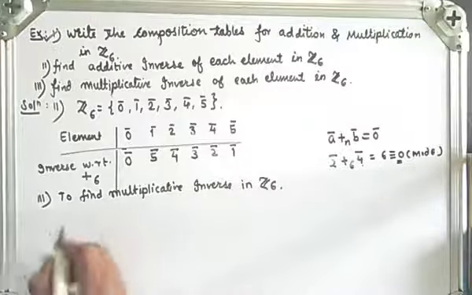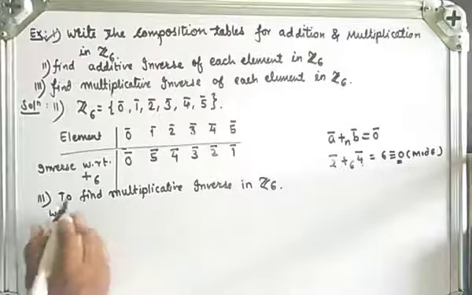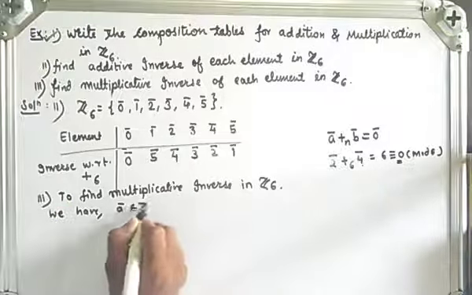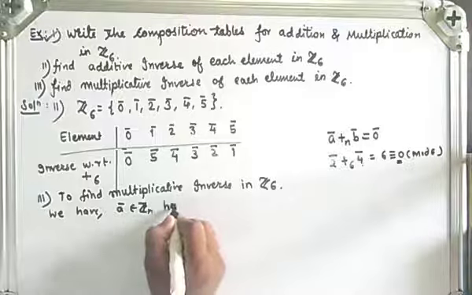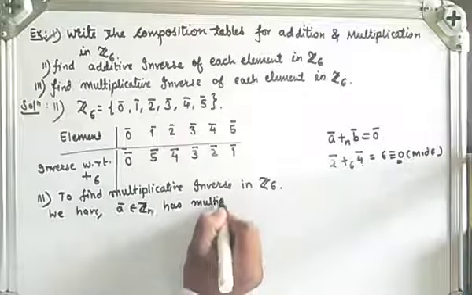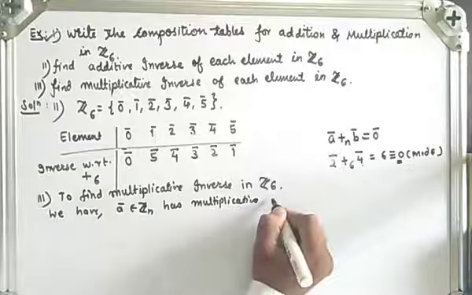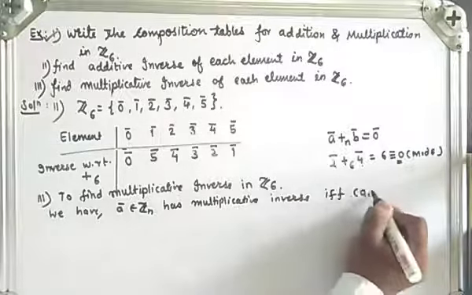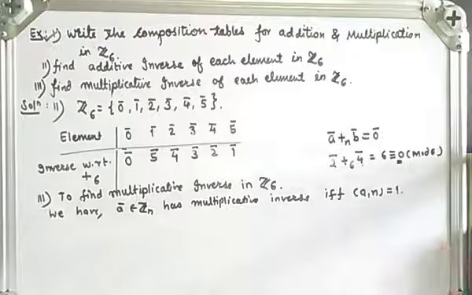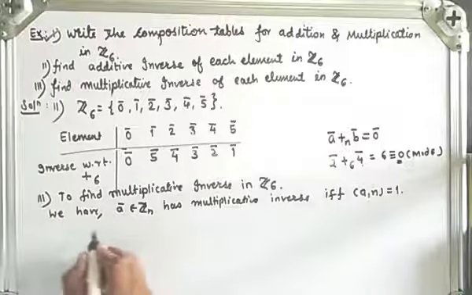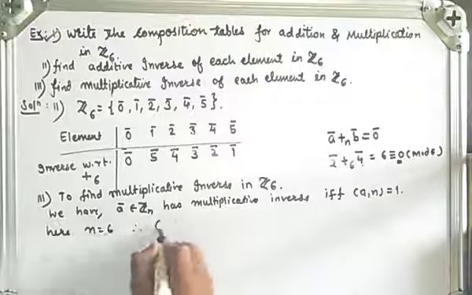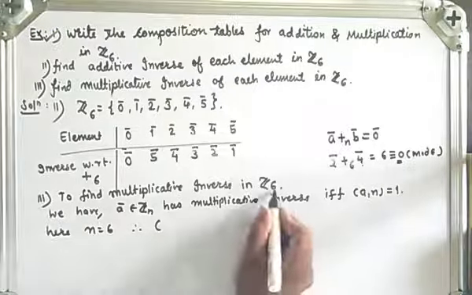Now we know that if A bar belongs to Zn, it has a multiplicative inverse if and only if GCD of A and n is equal to 1. So the value of n is 6. So the numbers which are relatively prime to 6 are, now here n is equal to 6, therefore GCD, to find the numbers which are relatively prime to 6.